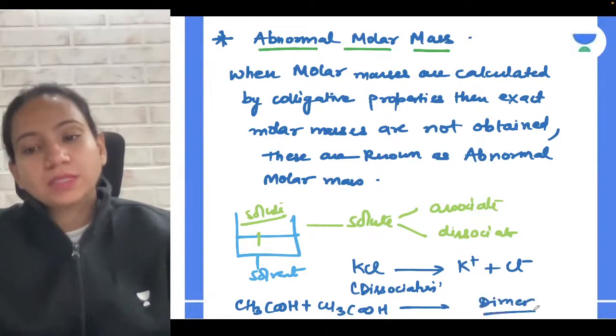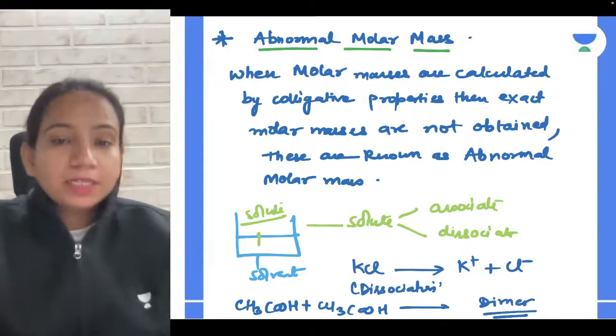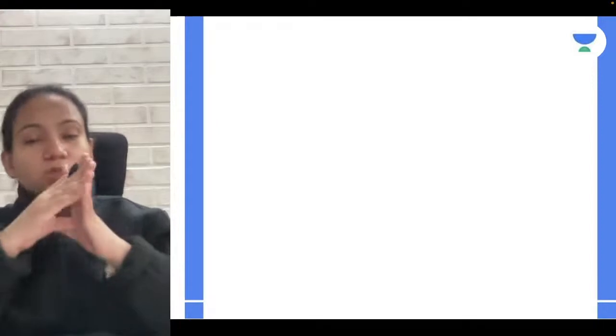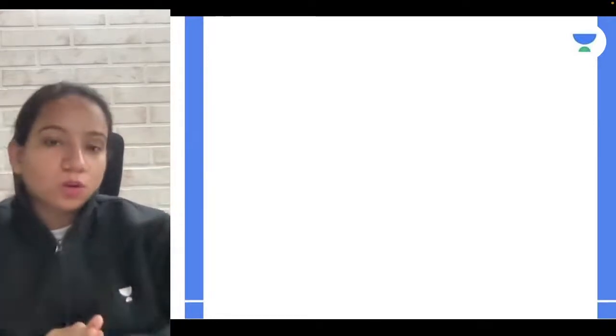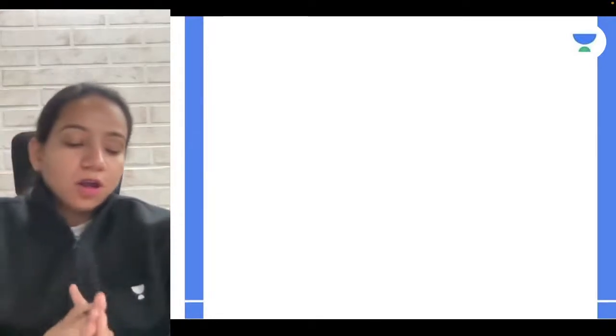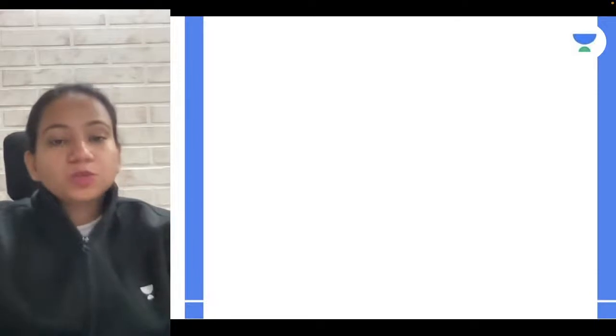How, we'll be discussing that. So basically, whenever we add a solute to a solvent, there are two possibilities: it can associate as well as dissociate, and that's what we have to consider. That's why we were not getting the correct molar masses from colligative properties, because we didn't consider this aspect.